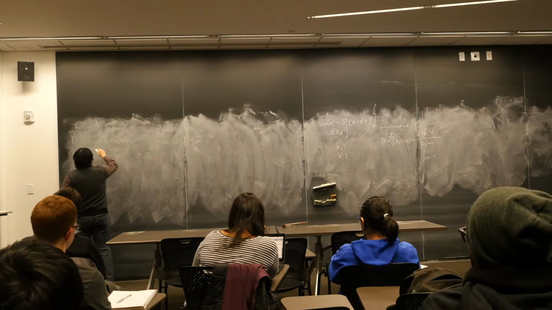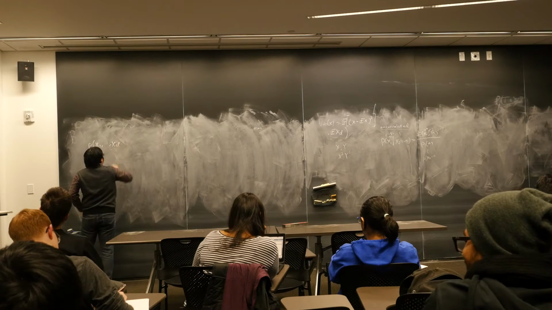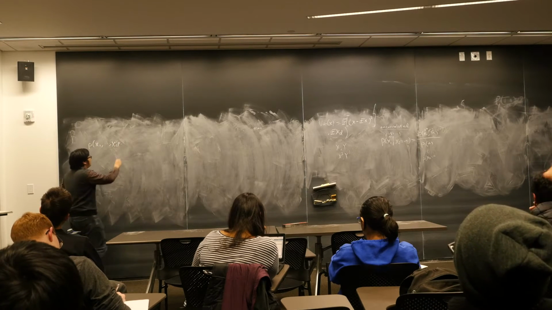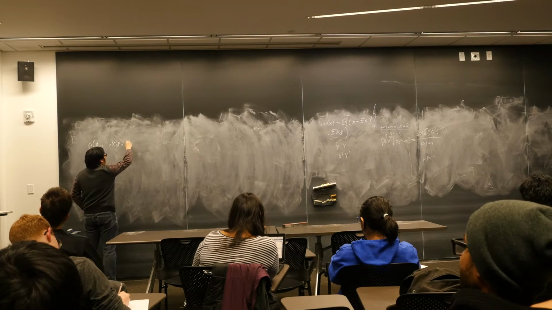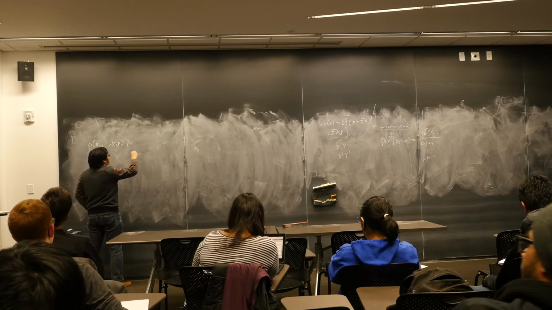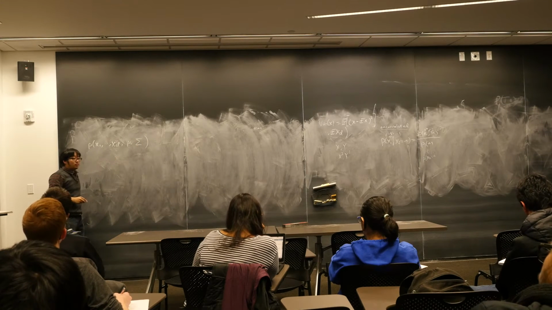So the multivariate Gaussian distribution is parameterized by two parameters. One is the mean vector, and the other one is the covariance matrix.